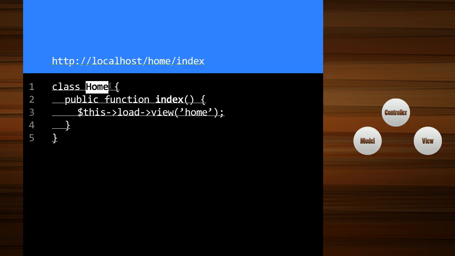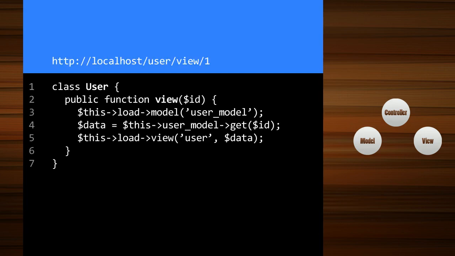We load the class home, and then it's the index method, so index. And in this one we're loading a view. And this is the actual code to load a view in CodeIgniter. This load view, and then the name of the view. In this case it's home. And that's pretty simple.